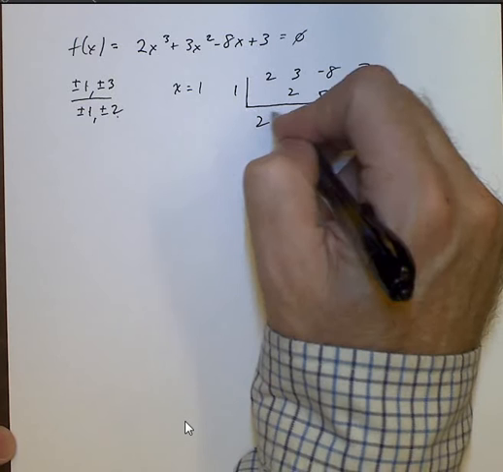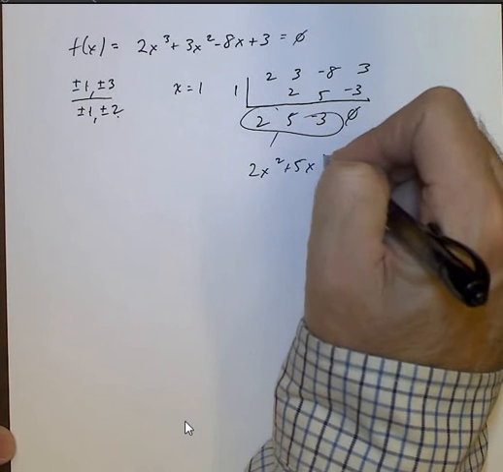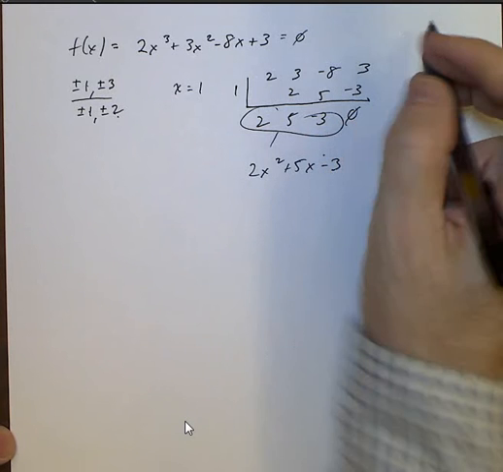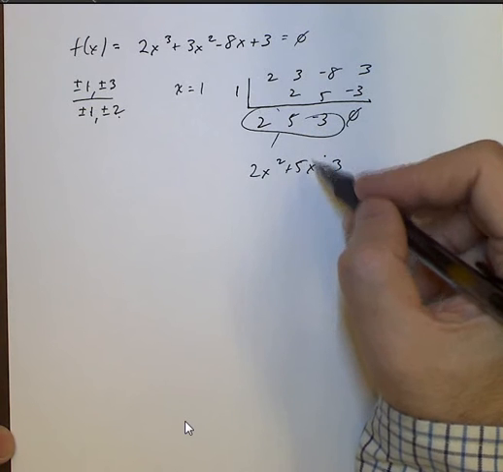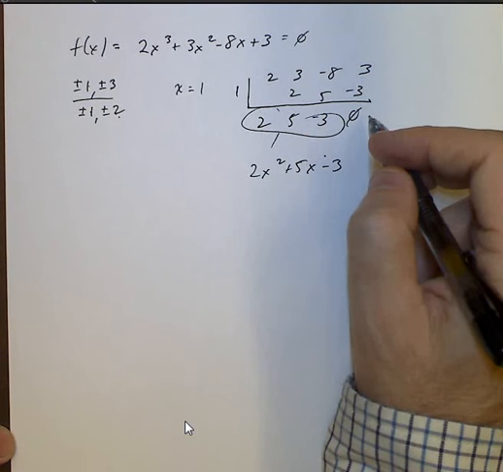What that leaves us with is 2x squared plus 5x minus 3. Now you say to yourself, can you factor that or use the quadratic formula to get the other 2 zeros? And anytime you get to a quadratic, the answer to that question is going to be yes. This is factorable. Two numbers that multiply to negative 6 and add to positive 5.